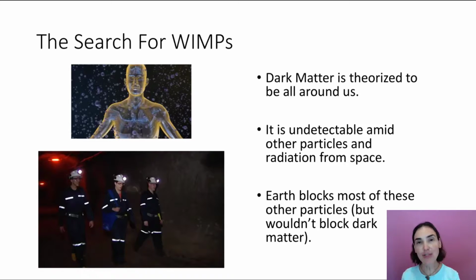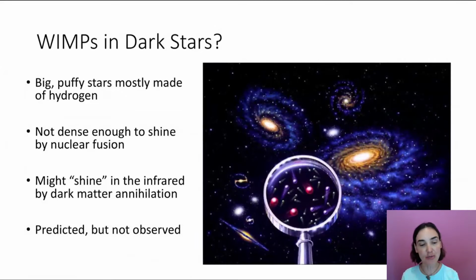We're also looking for dark stars. These are big, puffy stars that don't shine by the light of hydrogen fusion, even though they're mostly made of hydrogen. Instead, they shine in the infrared by dark matter particles annihilating each other. These are WIMP particles annihilating each other, as they would be predicted to do according to a physical theory called supersymmetry.